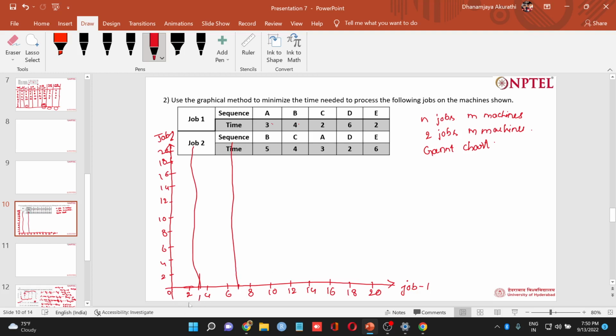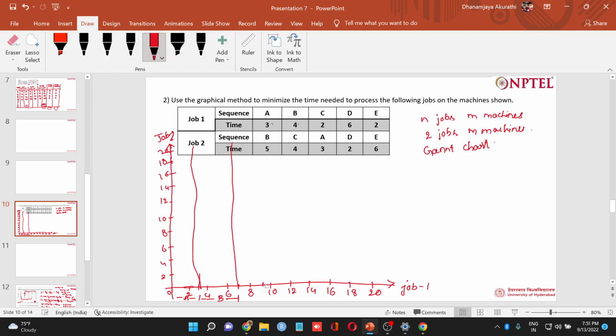Up to 3 hours machine A is processing, and from 3 to 7 hours machine B is processing. Up to here we are coming to 7 hours. 7 plus 2 is 9 hours.